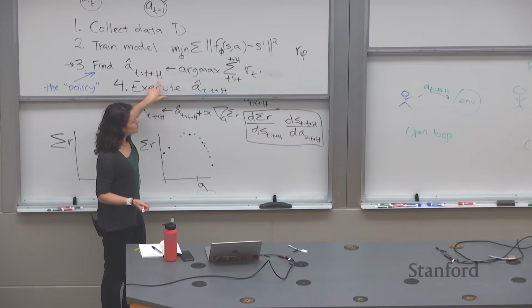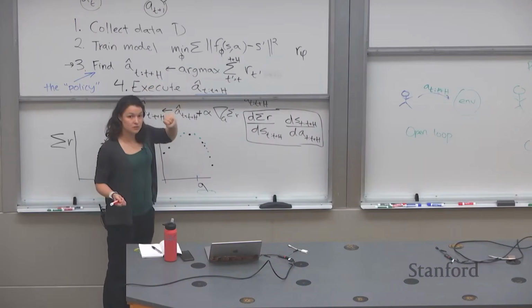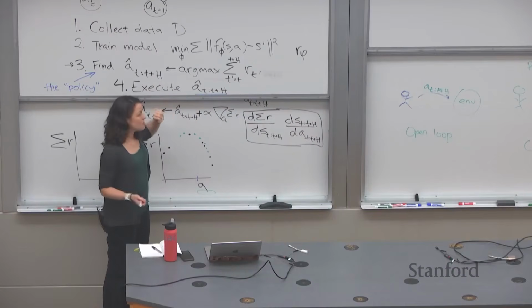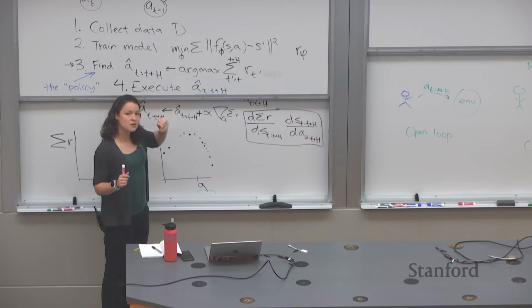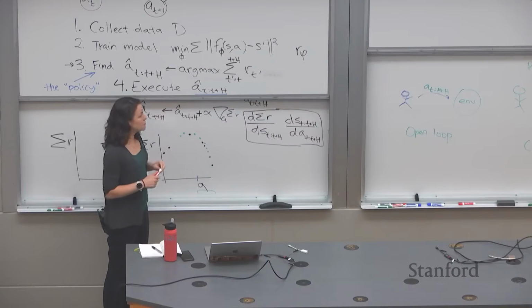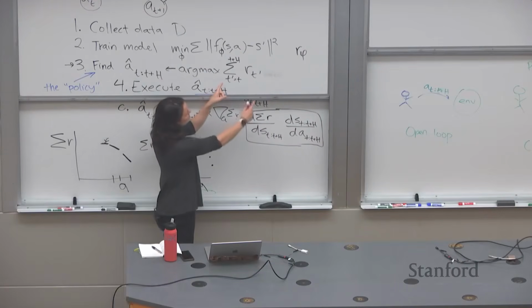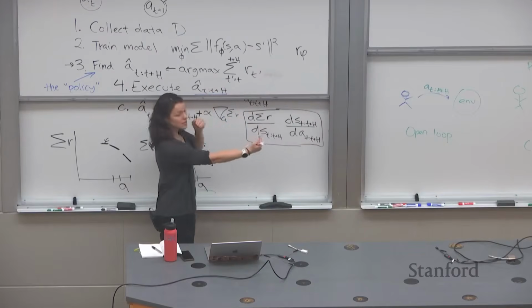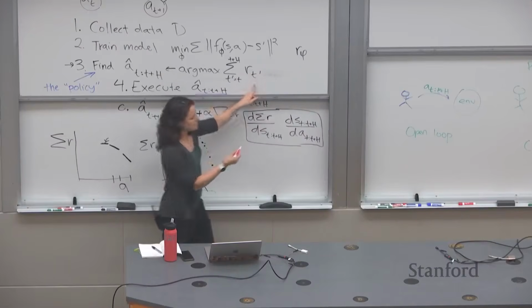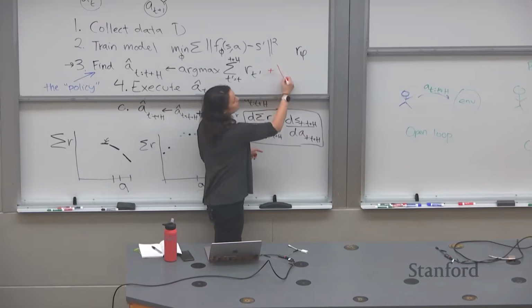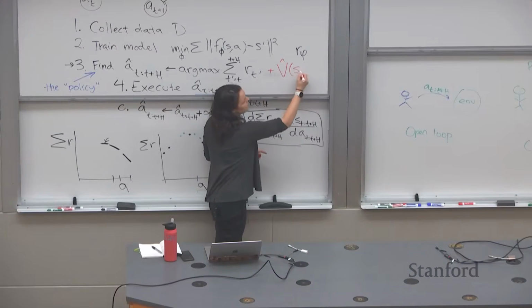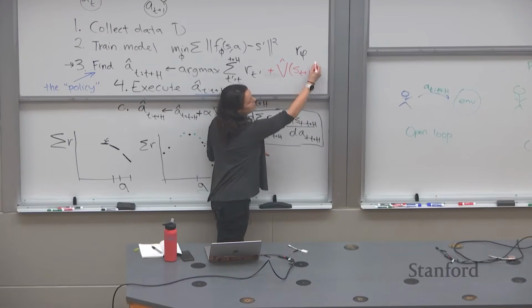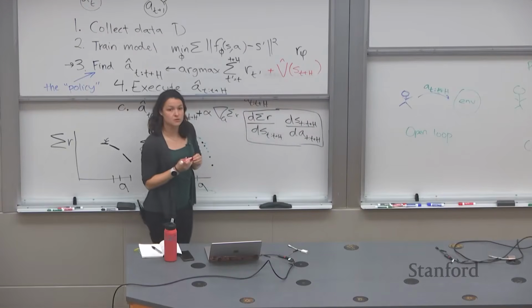But another thing that you could do is that if you have a value function, or an estimate of a value function, then you could use that value function to help this process, where instead of trying to maximize the sum of rewards for the next h time steps, you could optimize for the sum of rewards for the next h time steps, plus your estimate of the value of the state that you end up at after taking those H actions.